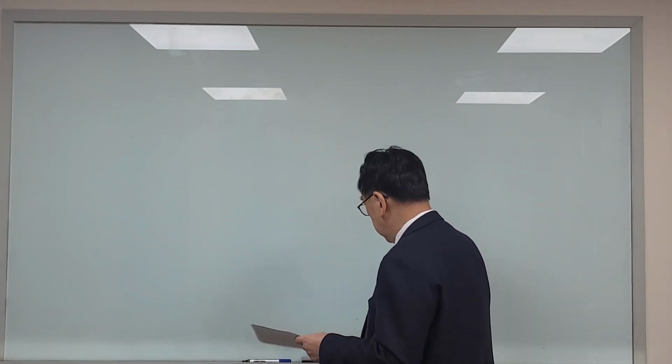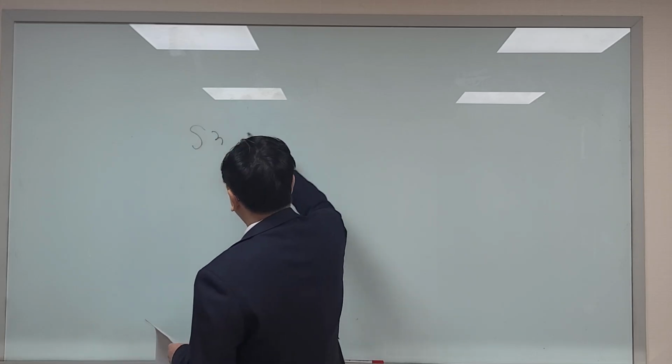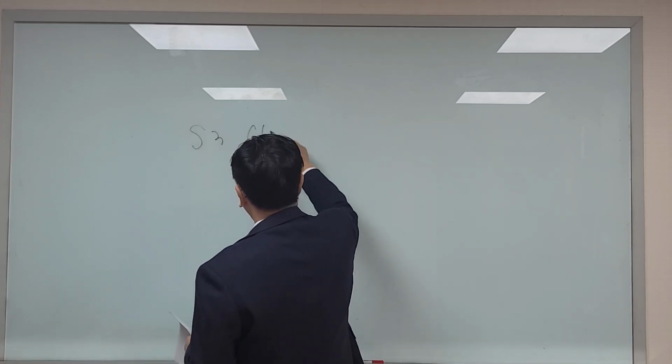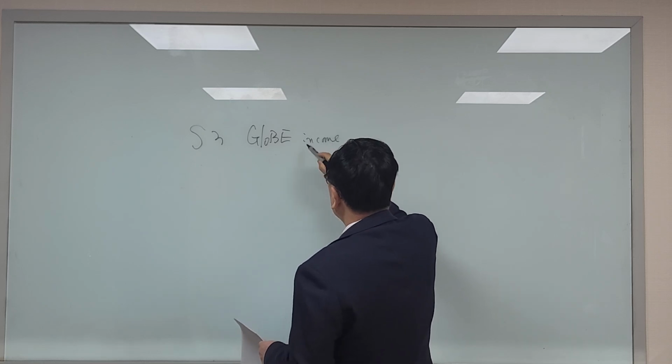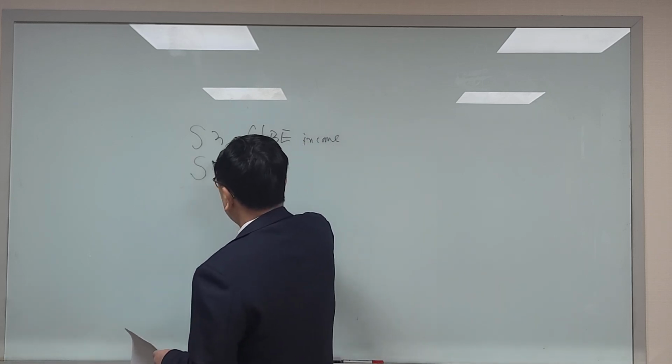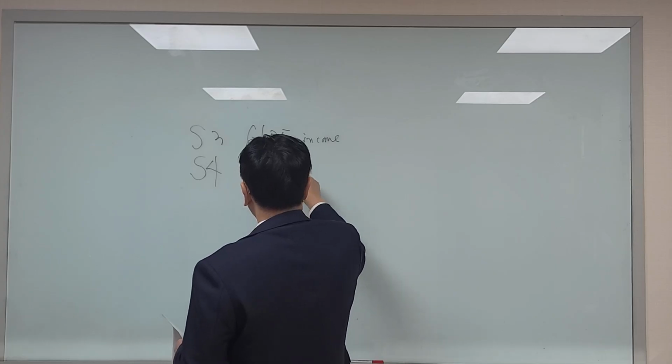Step 4, calculation of adjusted taxes. In step 3, we compute global income. And in step 4, we compute adjusted tax.